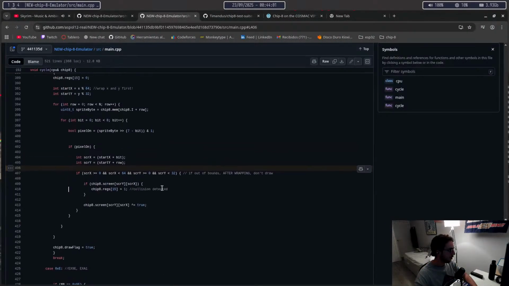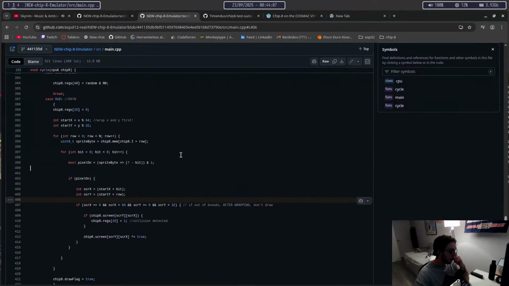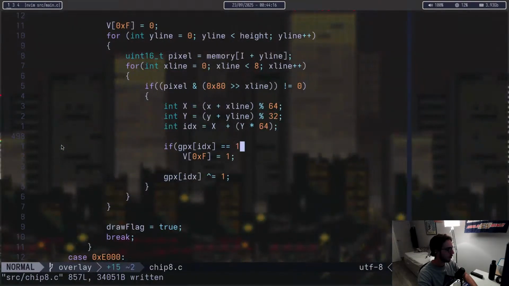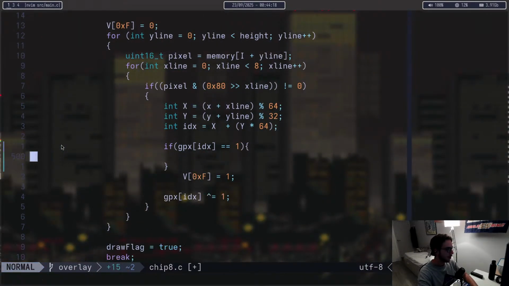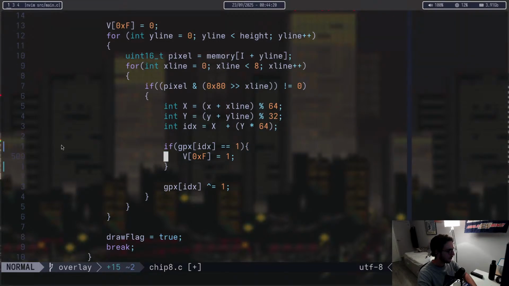So that would be here, if pixel on. Okay, yeah, but you get sort of the equivalent of what you would have here. Okay. Let me actually put it like this.